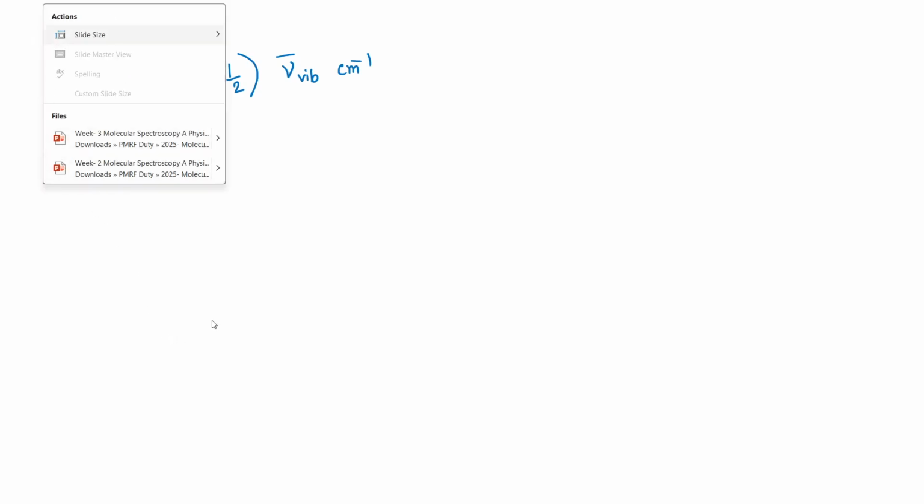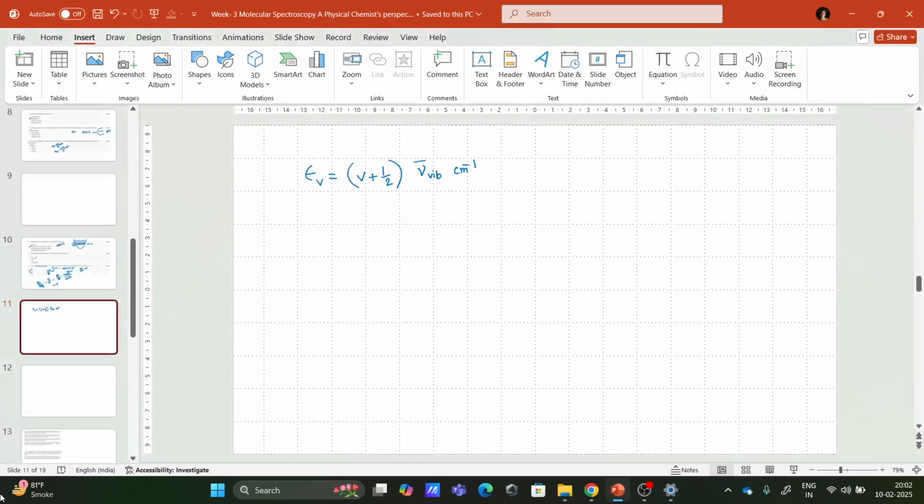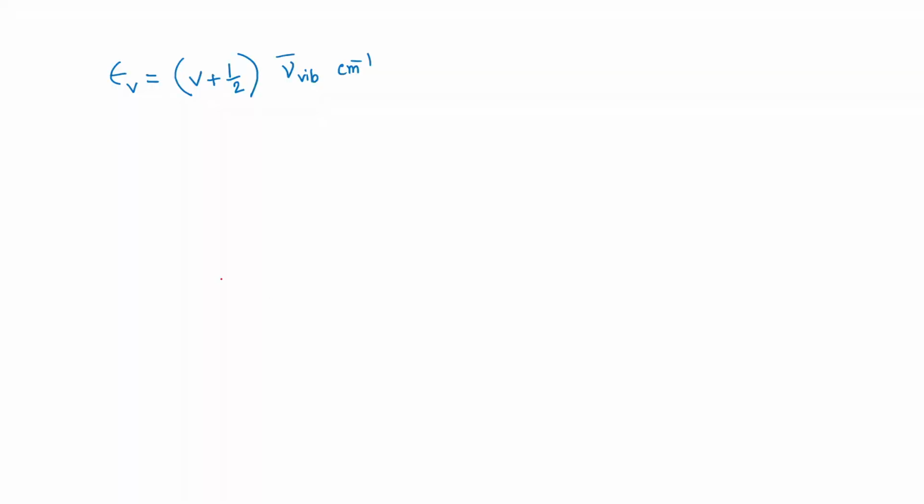So we are discussing the simple harmonic oscillator. This is the energy associated with it. How does the wave function look like? There is going to be one normalization constant.